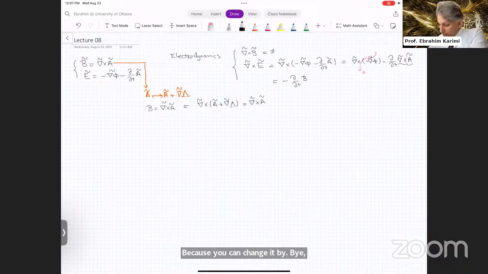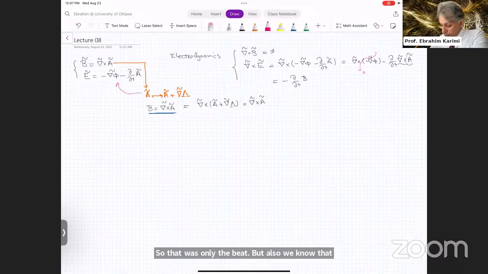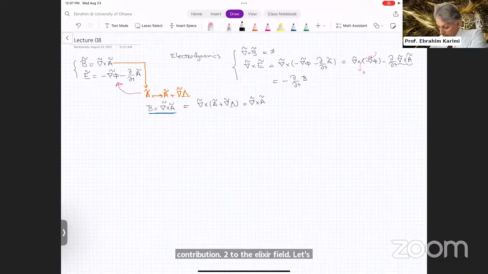We only looked at the B term, but we also know that A has a contribution to the electric field. Let's do that calculation and see what happens with the electric field.